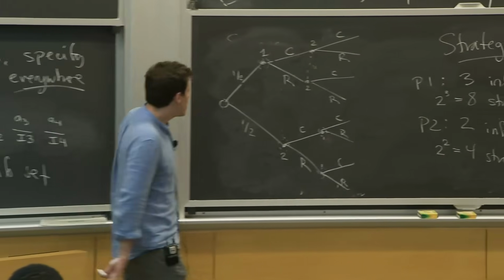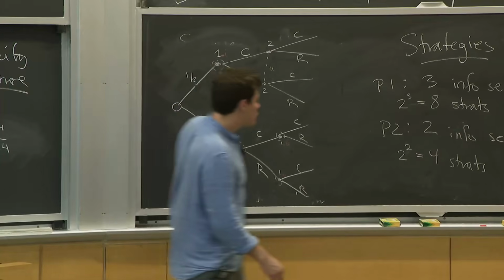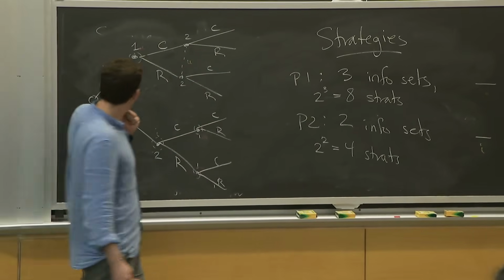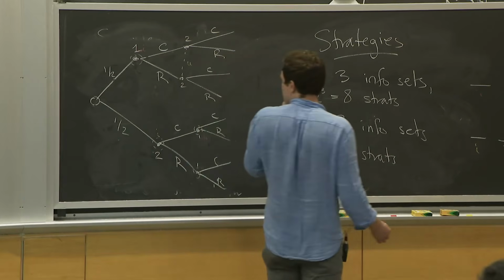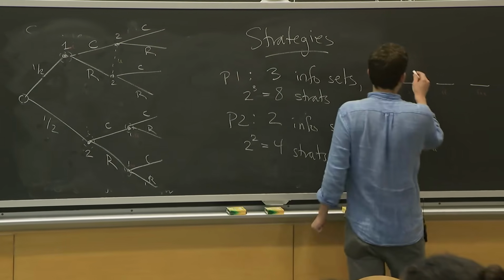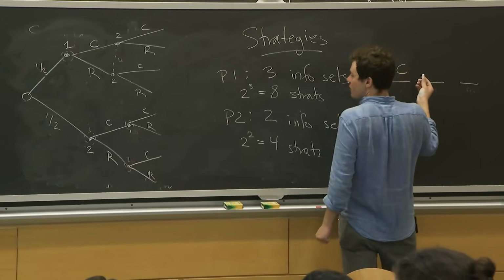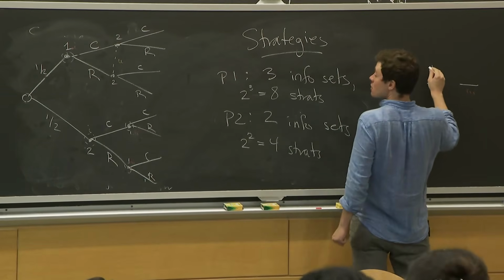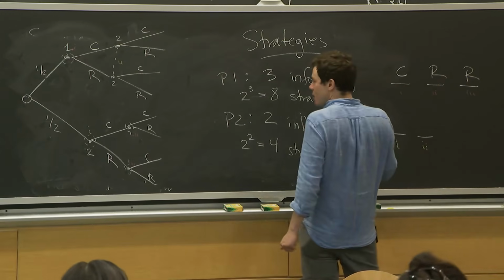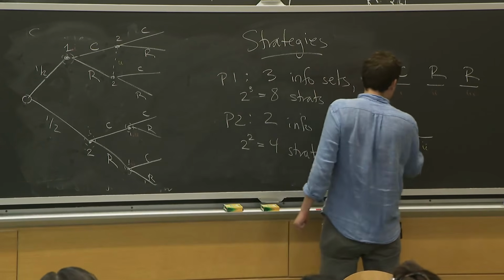OK, so let's just do one example to see how we can calculate these payoffs. So let's say player 1 is going to choose, it doesn't really matter, I'll just choose it arbitrarily. Let's do that. And let's say player 2 is choosing RC.